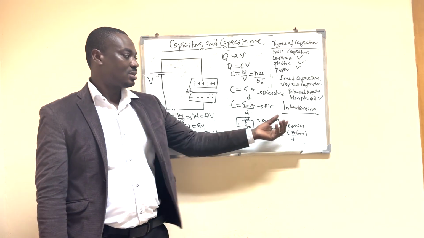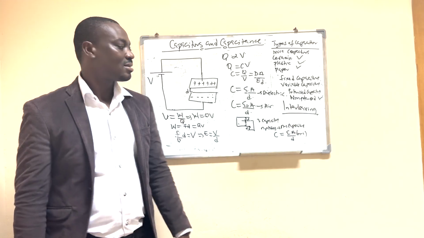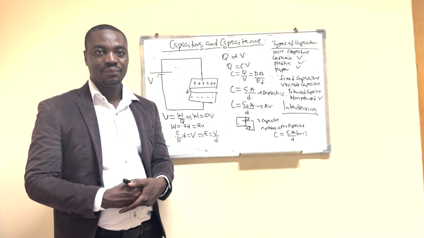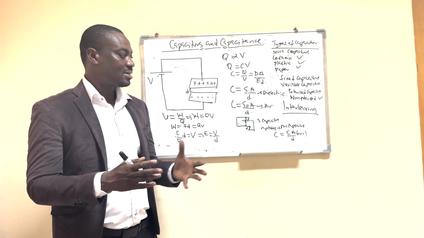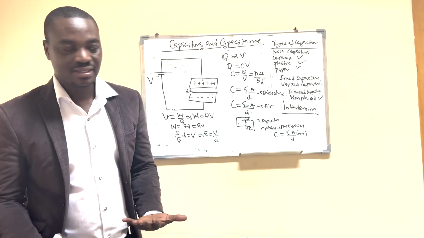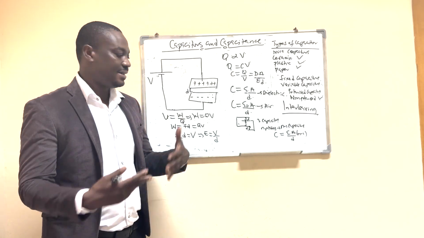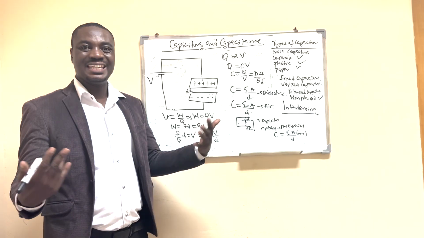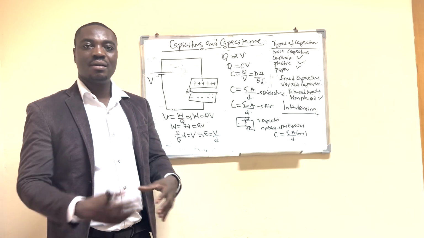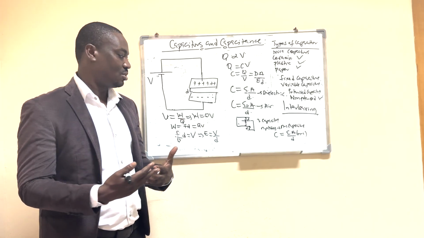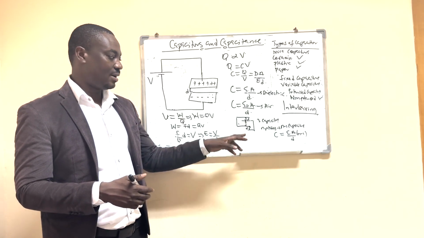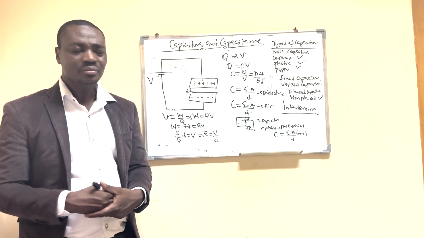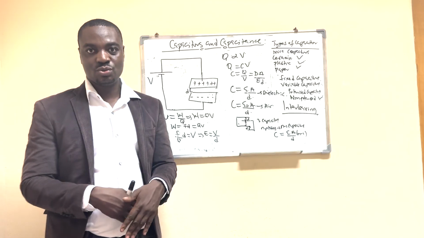That method is what we refer to as interleaving, right? Interleaving is a way we can enhance the capacitance by inserting parallel plates into each other. So imagine, for example, you have two capacitors, and each capacitor consists of two parallel plates.